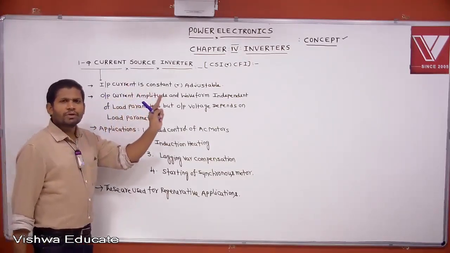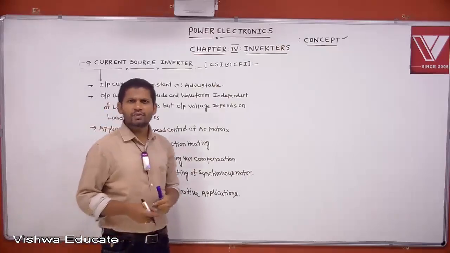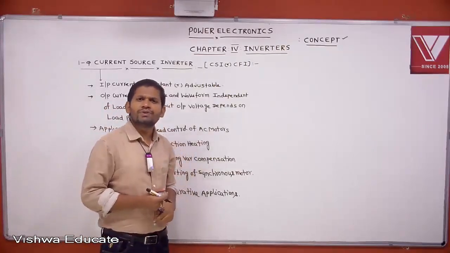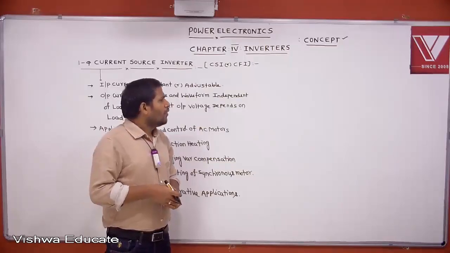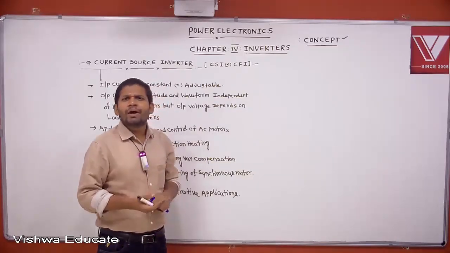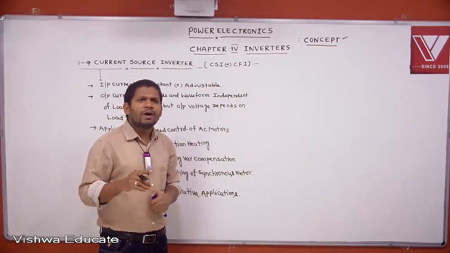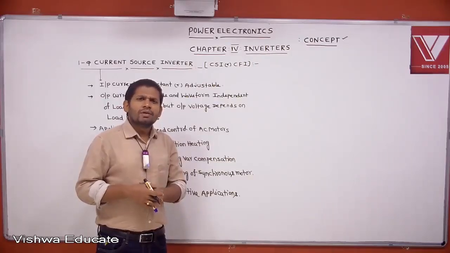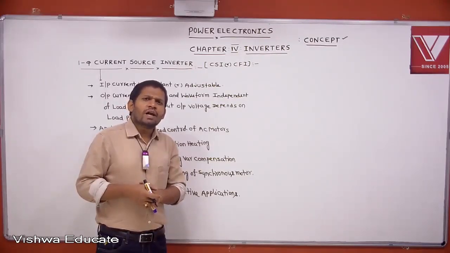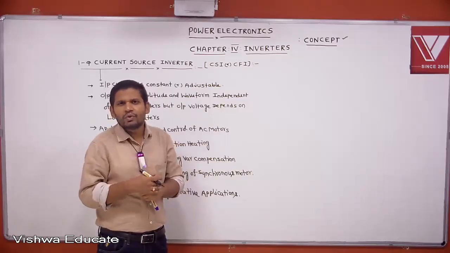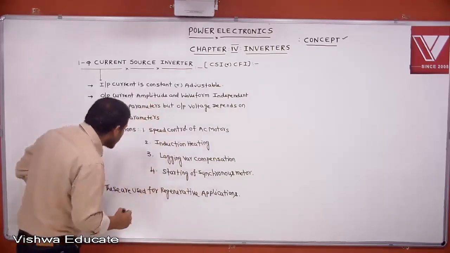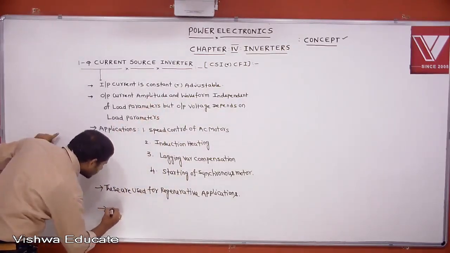Here I want to discuss a single phase current source inverter with ideal switch arrangements, for resistive load and capacitive loads. But point to remember, current source inverters are more preferable with capacitive loads instead of inductive loads.